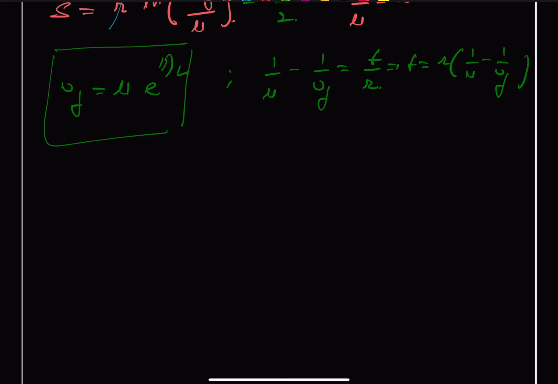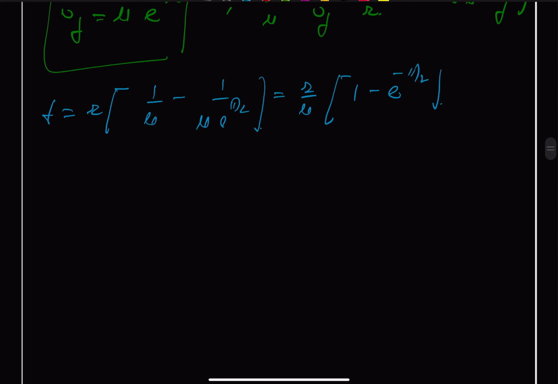We already know vf, so t is equal to r times 1 upon u minus 1 upon u e raised to the power pi by 2, and 1 upon u we can take common. So this comes as r upon u times 1 minus e raised to the power minus pi by 2.